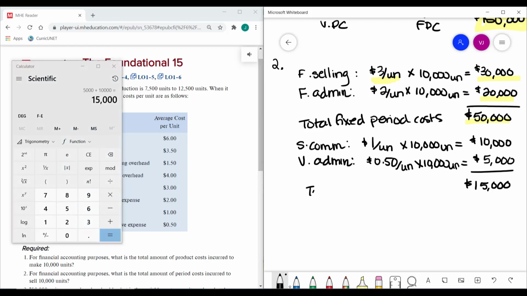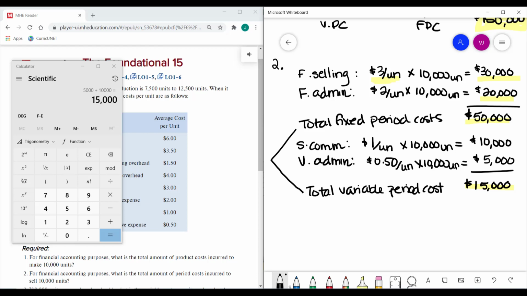Very good. So that's my total variable period cost. So what's the total period cost overall? Well, total cost is the same if we're not talking about total variable or total fixed, but just overall total cost. Total cost is a mixture of its fixed and variable elements.